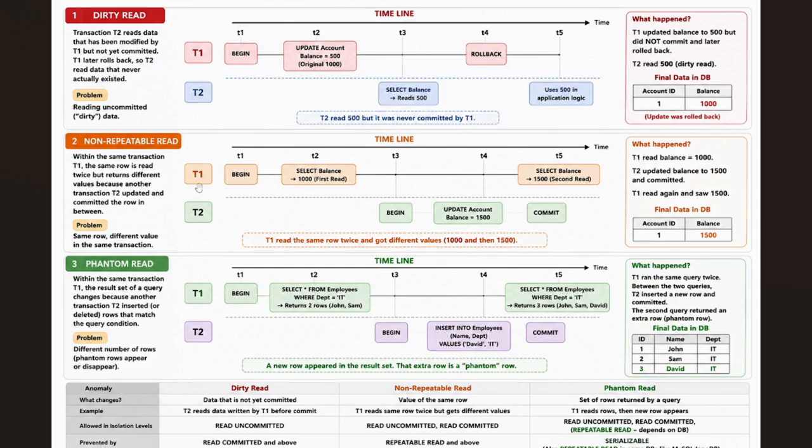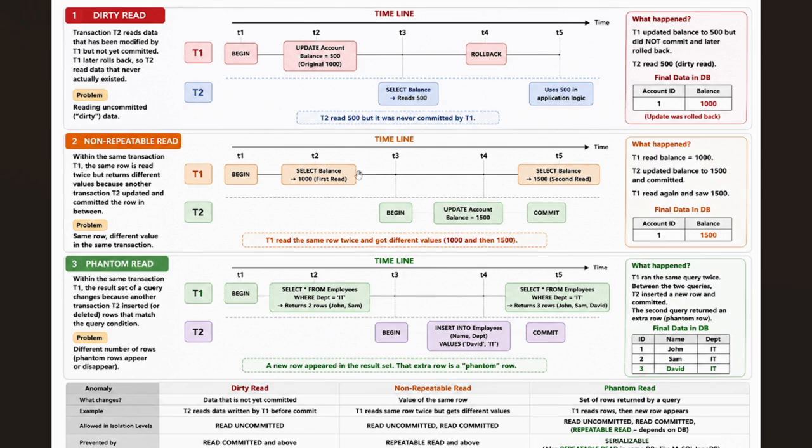Now let's understand with the example. See, transaction T1 first reads the balance at time T2 and it got 1000. Now in between, there was another transaction T2 which began at T3. It updated the balance to 1500 and committed it.